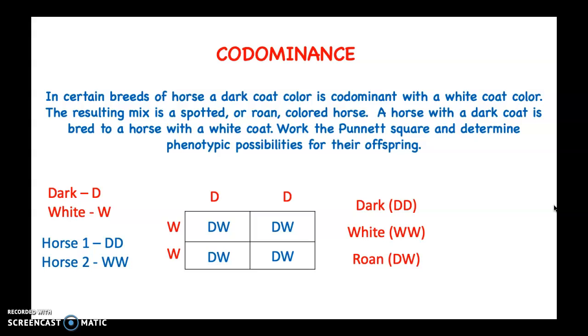If we look back to our Punnett square, we notice that for every single offspring, the only possibility is a big D, big W genotype, meaning that the only thing that is possible in this particular cross is the roan coat. Just remember when doing codominance, we're going to deal with two different capital letters.